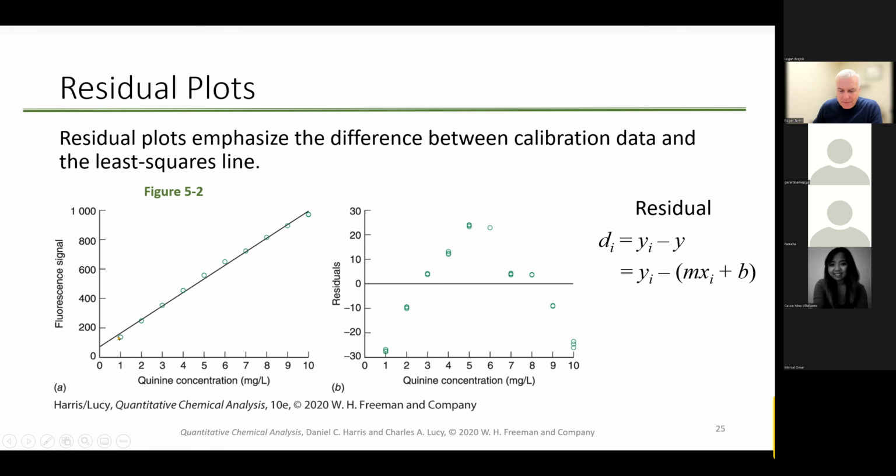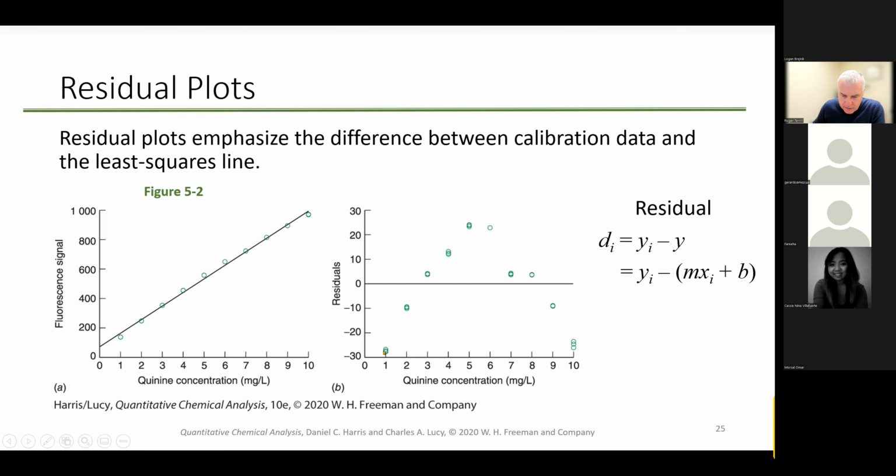And the fact that the residuals are correlated here, that is that there is a shape to the residuals, is another way to say that this model is not perfect.